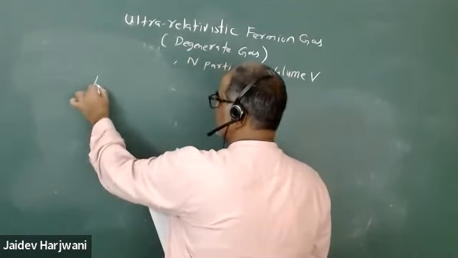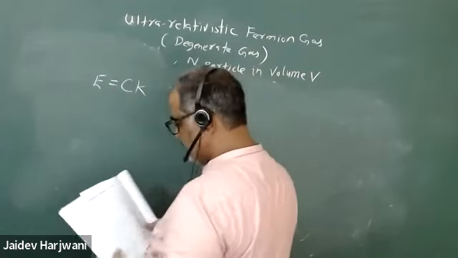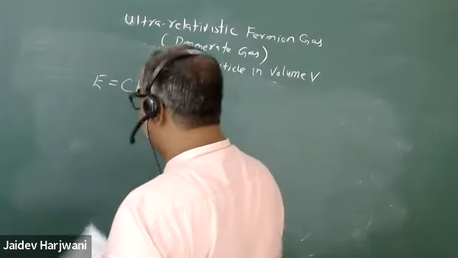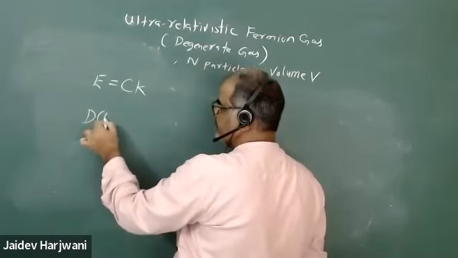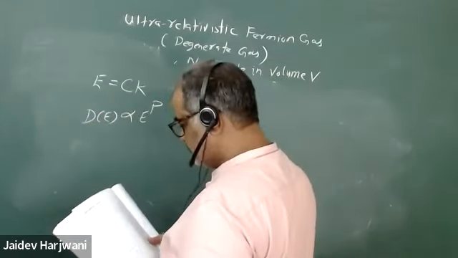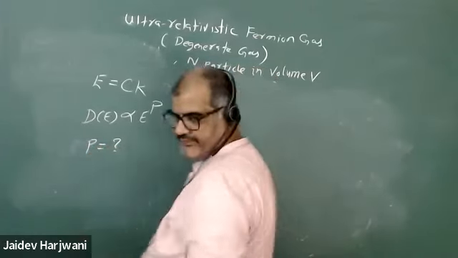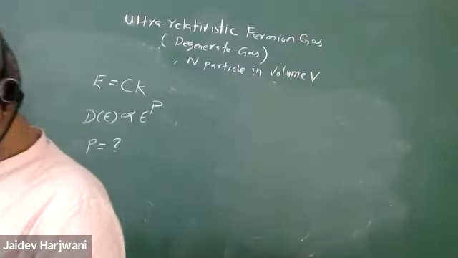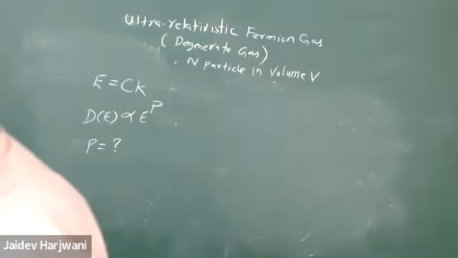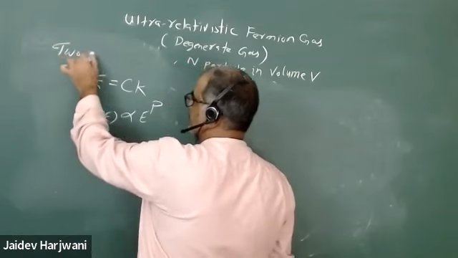They have given the dispersion relation, E equals some constant times K, and the density of states D is proportional to E power P. They are asking for the value of P, and this is in 2 dimensions.